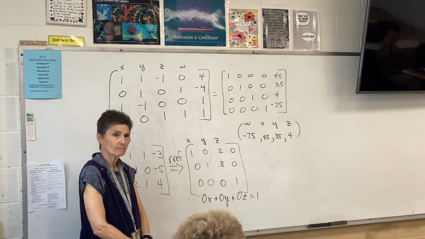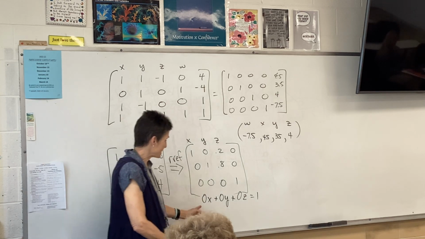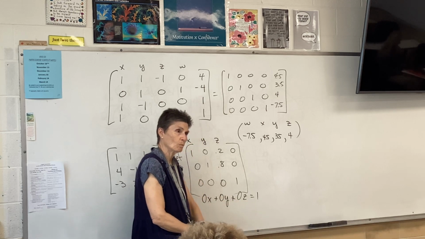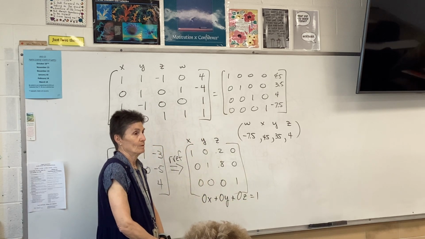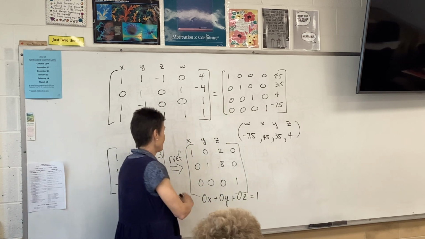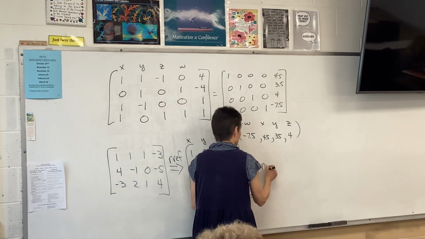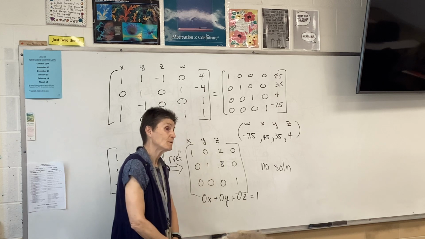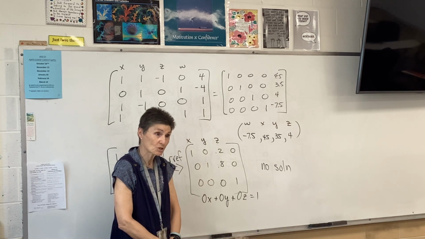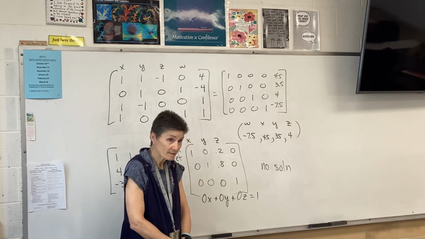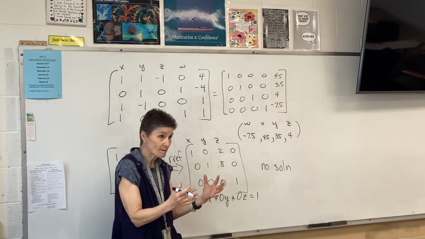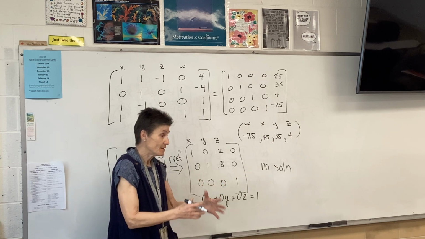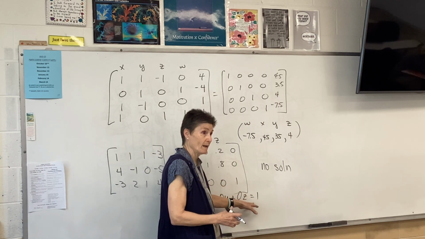Can that happen? Can you have 0 of things adding up to 1? No. This problem has no solution. Do you remember sometimes when we did substitution and elimination by hand, we got no solution sometimes? This is 0 equals 1.